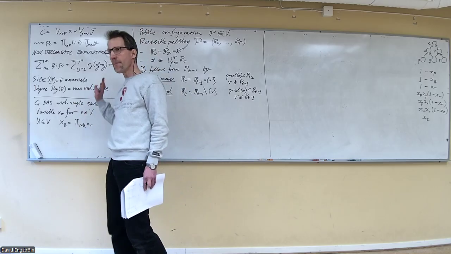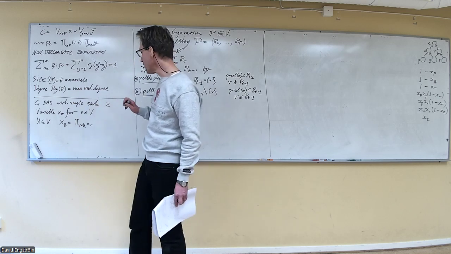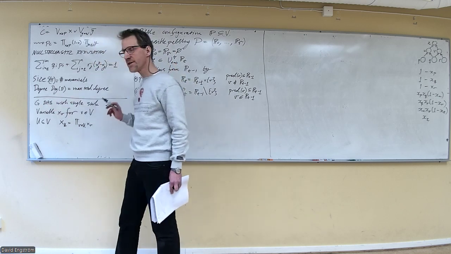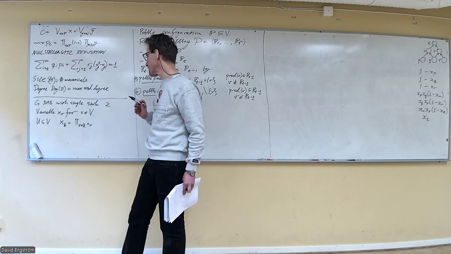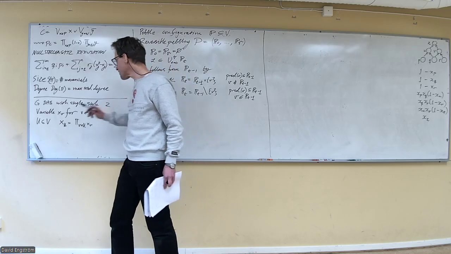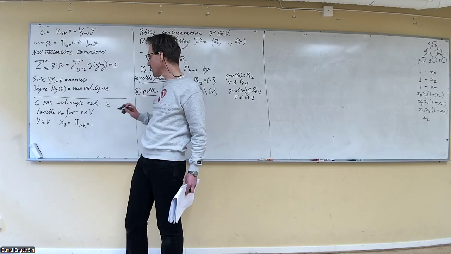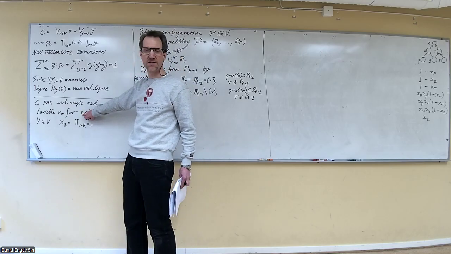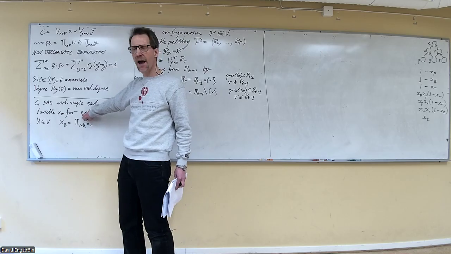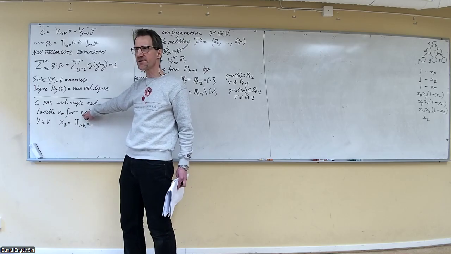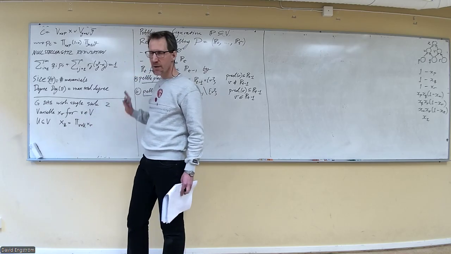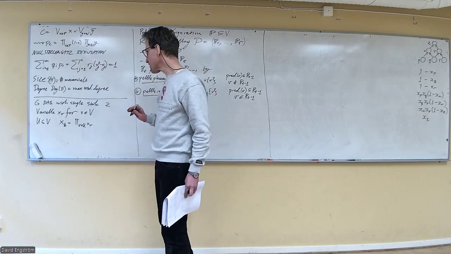What are these formulas? Pebbling formulas, so let's recall what they are. G is a directed acyclic graph with a single sink, which will always be z. I will associate the variable x sub v for every vertex v, except sometimes I might be lazy and overload v for both the vertex and the variable related to the vertex when it's clear from context.